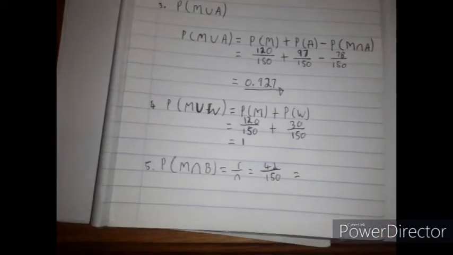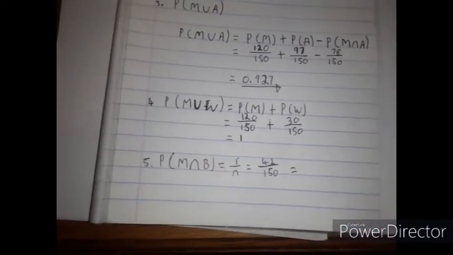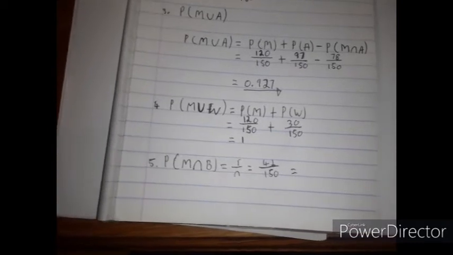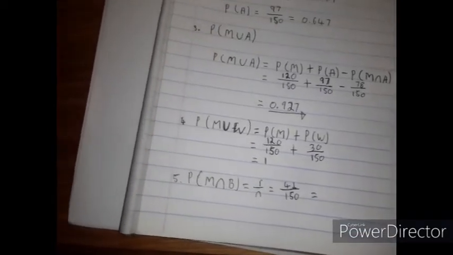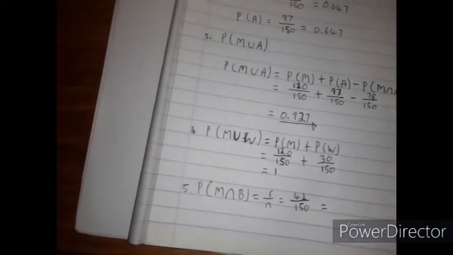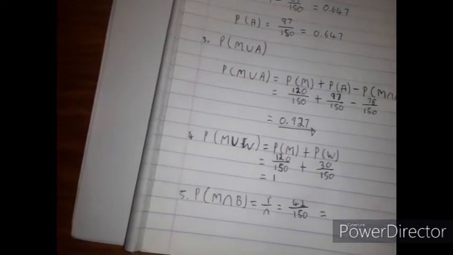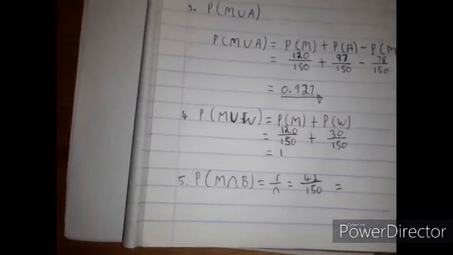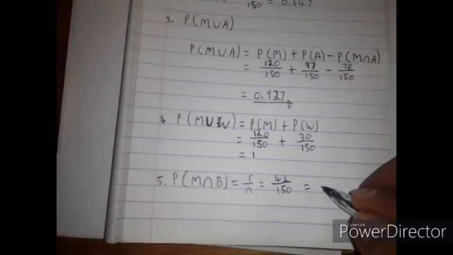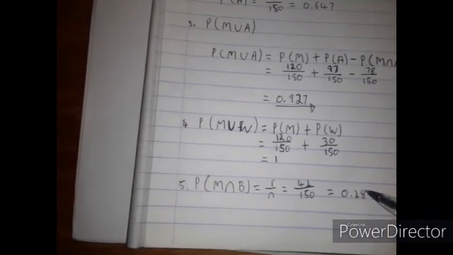So the probability of men and type B is equal to 0.28.